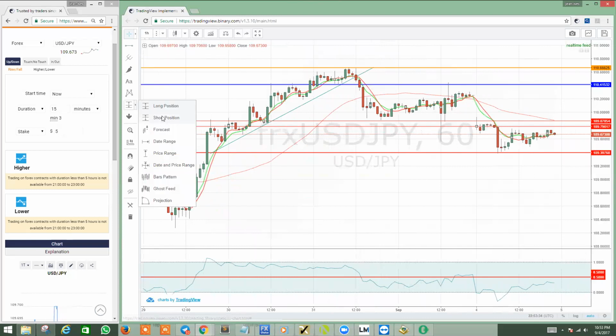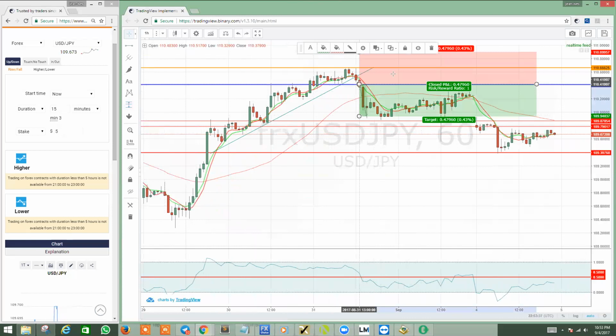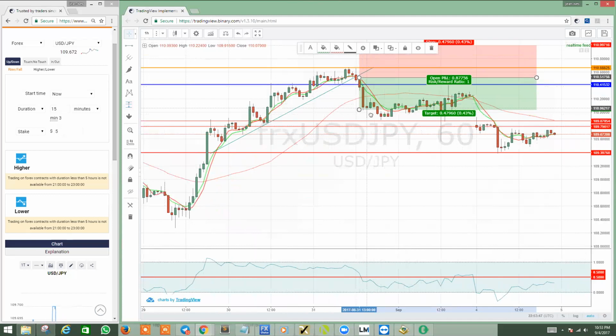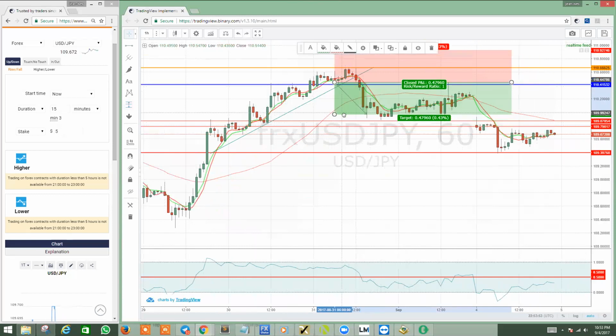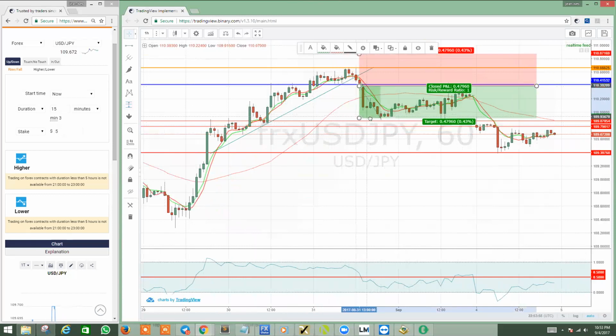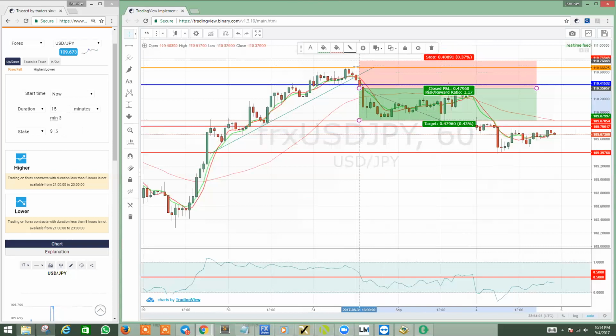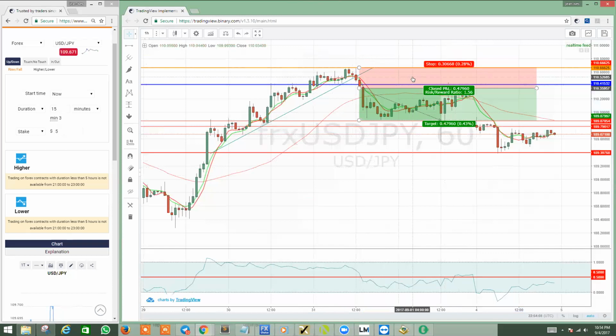This could have been a pretty nice risk to reward trade right there, even if you were closing it around this previous resistance level here. This would have been a nice risk to reward ratio, about 1 to 5.